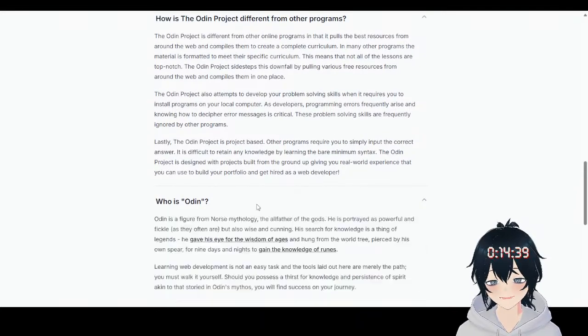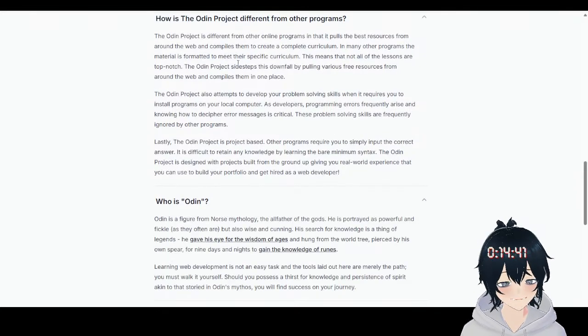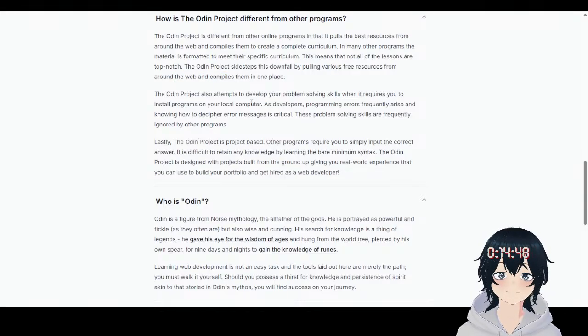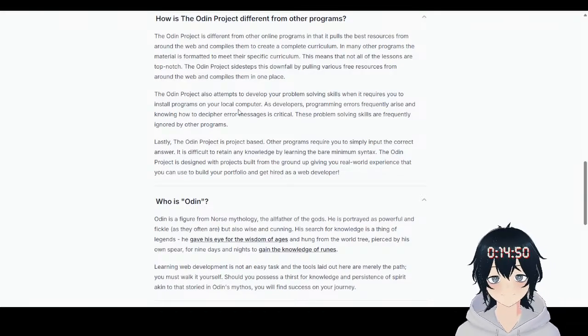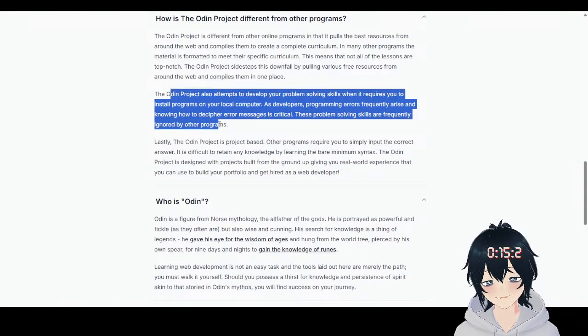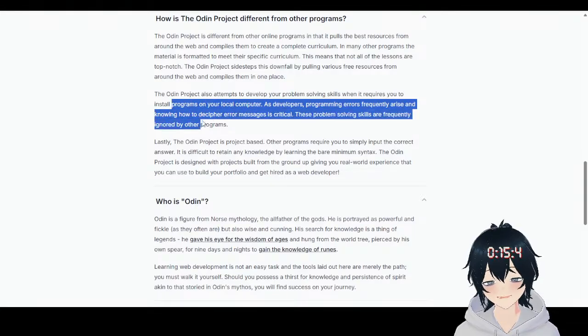Who is Odin? Very nice question. This is me when I open up OBS, because apparently I have 2 pop-ups. Yeah, I just click cancel.